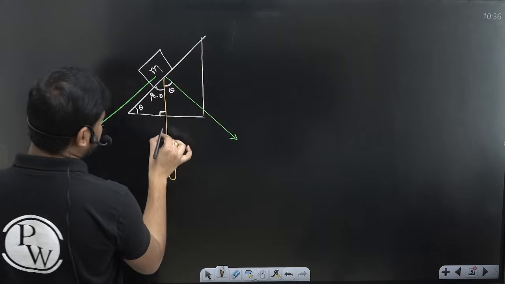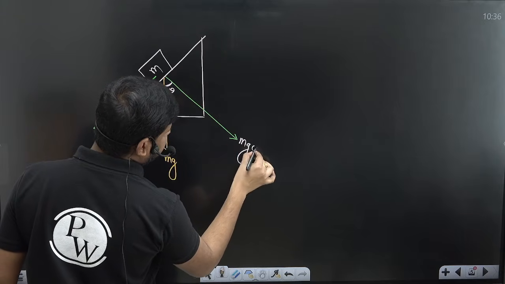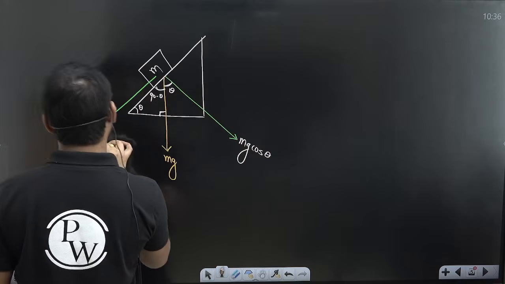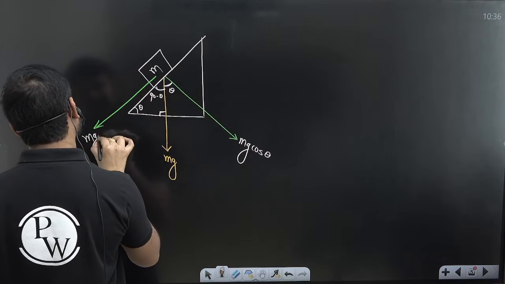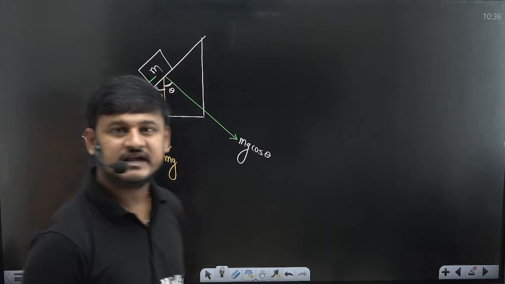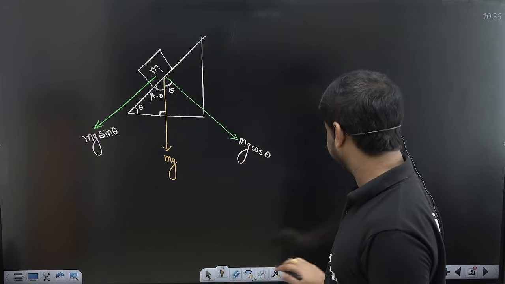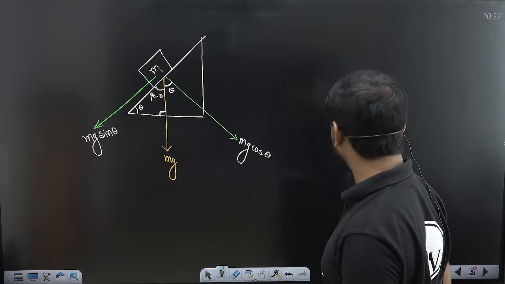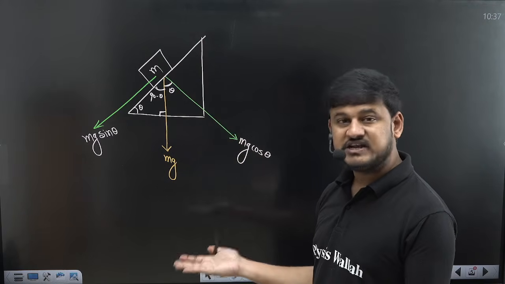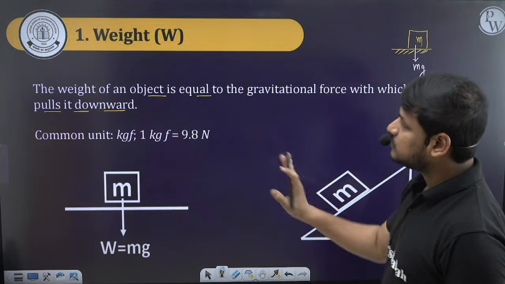So on this side we have mg cos theta, and on this side mg sin theta. These are the components of weight, not force, sorry. Weight is also a kind of force. Understood? So this is about the weight.